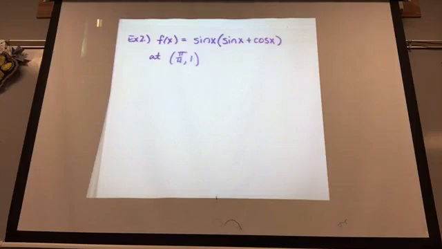So to get to the normal line, you do what? Opposite reciprocal slope.